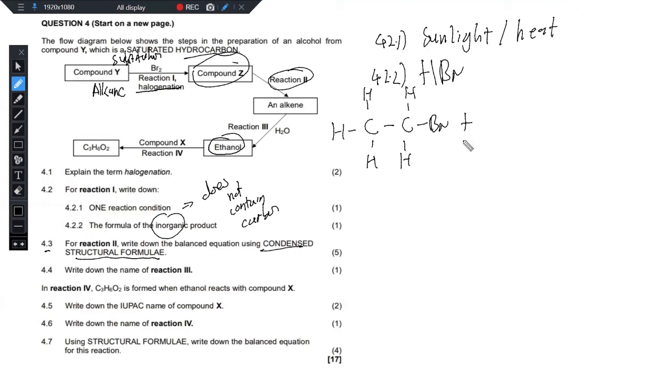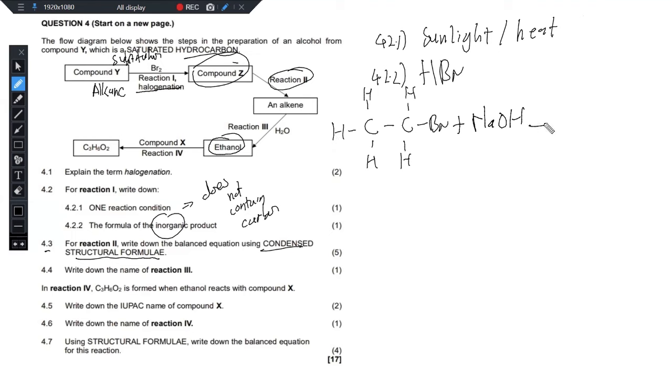And then this must react to form an alkene. Because it's moving from a saturated compound to an unsaturated compound, we know that it is elimination, right? Now, elimination happens if we react this with sodium hydroxide, because now we are performing what we know as a dehydrohalogenation reaction.